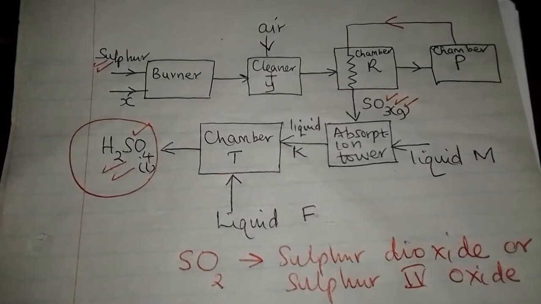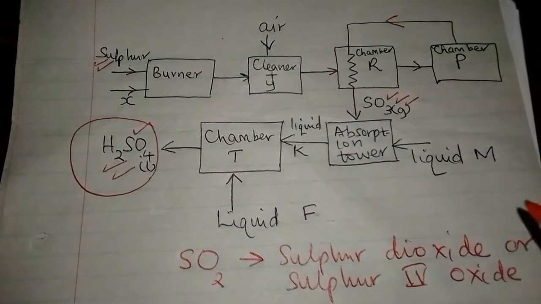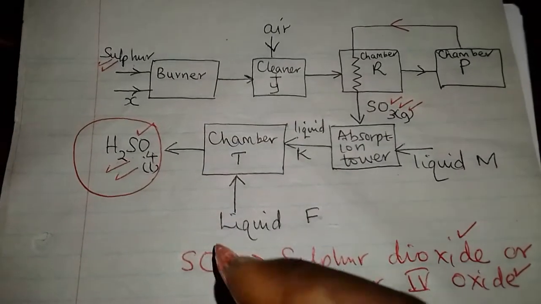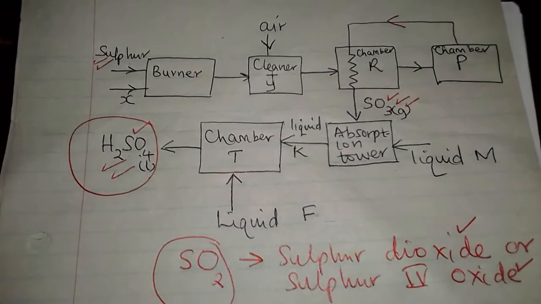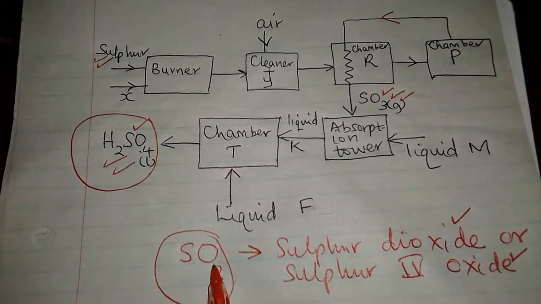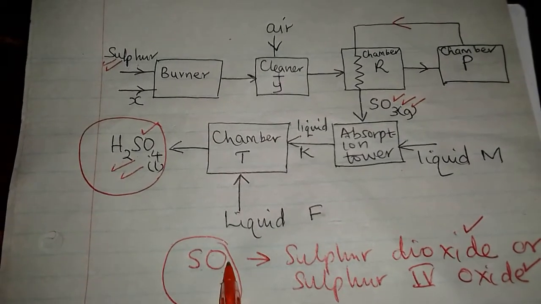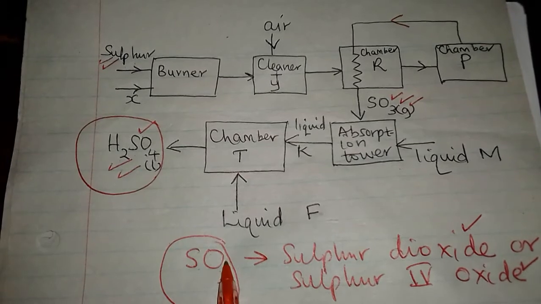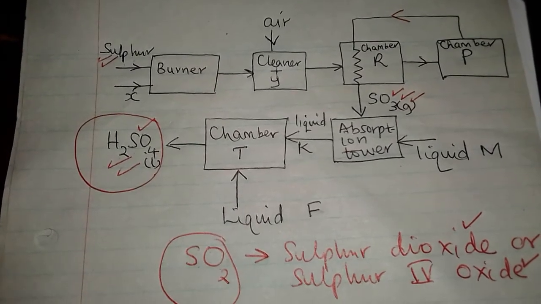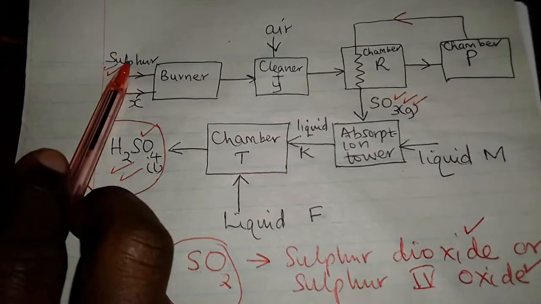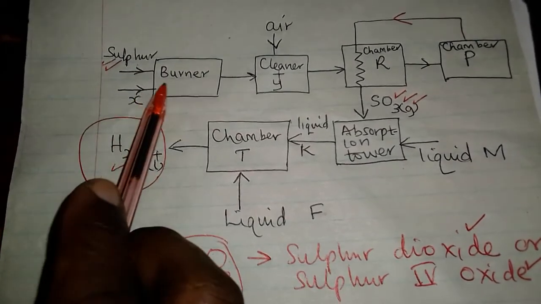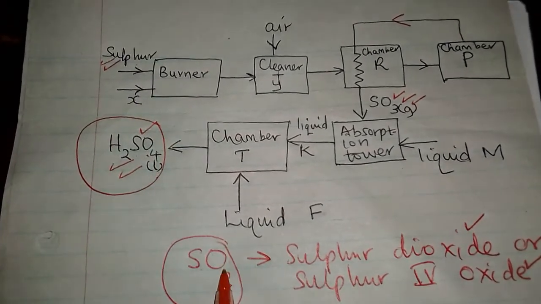So industrially, our main aim is first to get sulfur dioxide or sulfur 4 oxide, which is SO2. In as far as structure and bonding is concerned, you can understand why we have 1 sulfur and 2 oxygen atoms. Great. In that case, the sulfur must be burned with something else to get the sulfur dioxide I'm talking about.